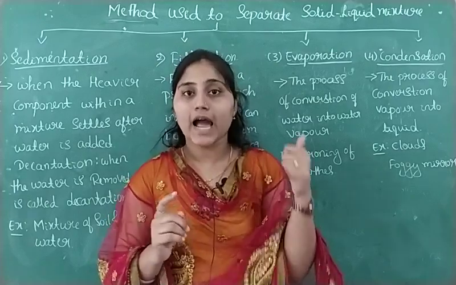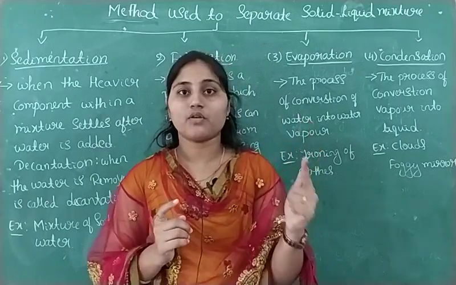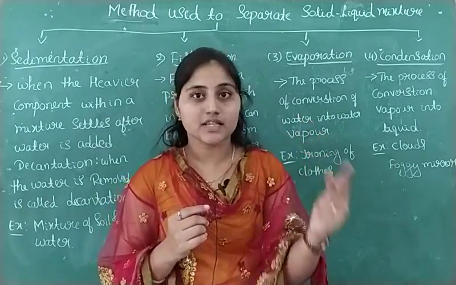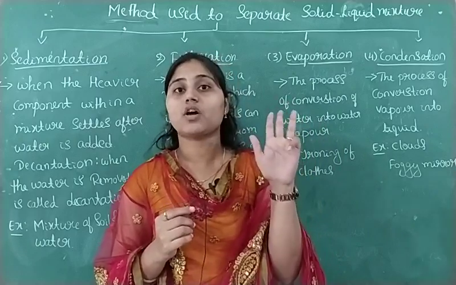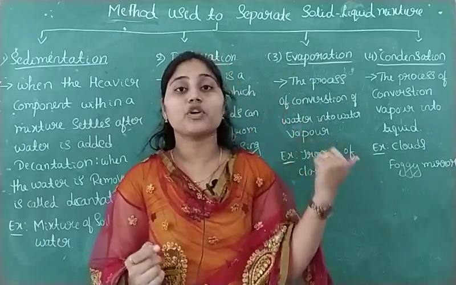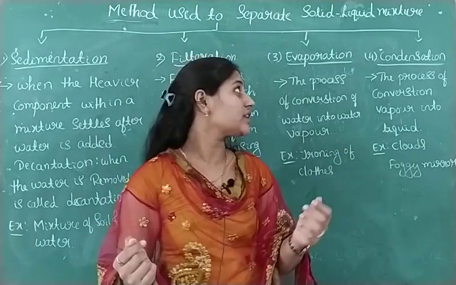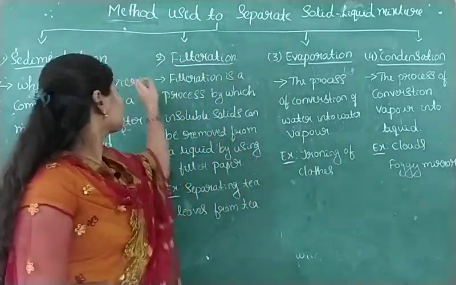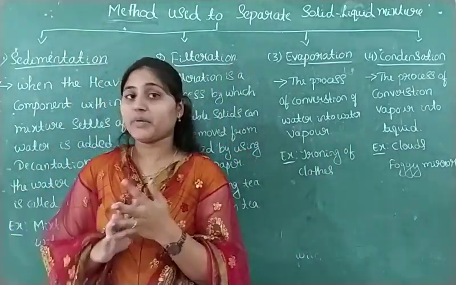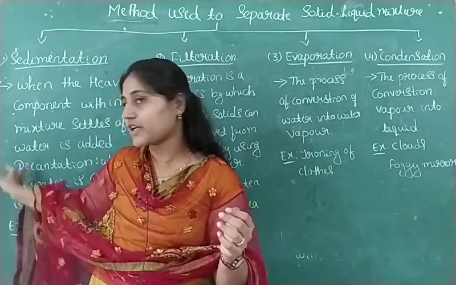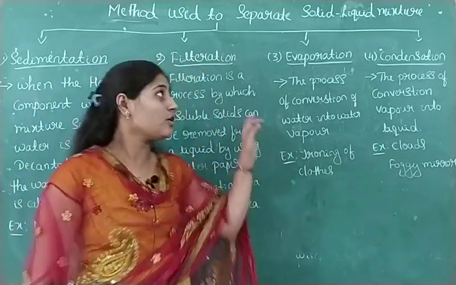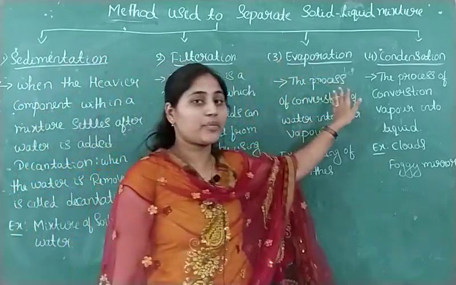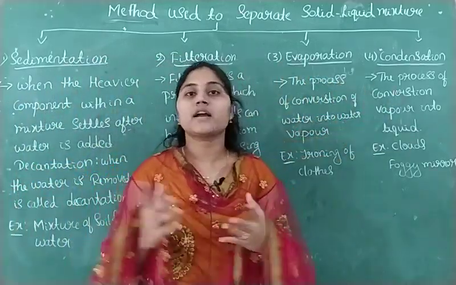First one is hand picking, second one is winnowing, third one is sieving, and fourth one is threshing. Next, for solid-liquid mixtures, what are the methods? First one is sedimentation, where decantation and sedimentation are both in one process. Then filtration, third one evaporation, and the last one is condensation.